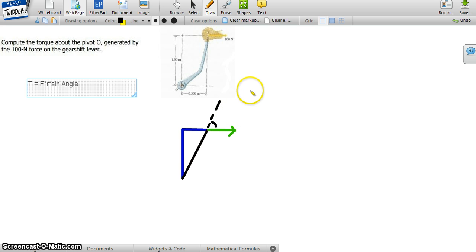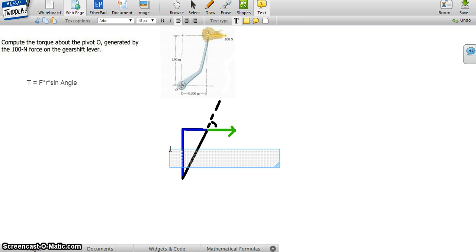Okay, so we've got this distance is 1 meter. And this distance up here is 0.5 meters.